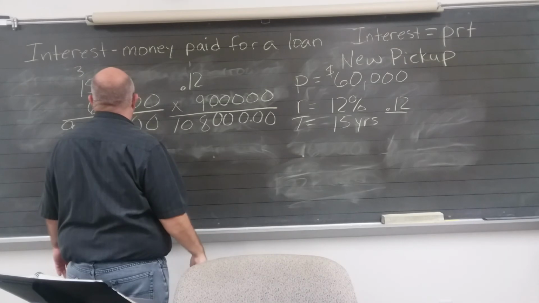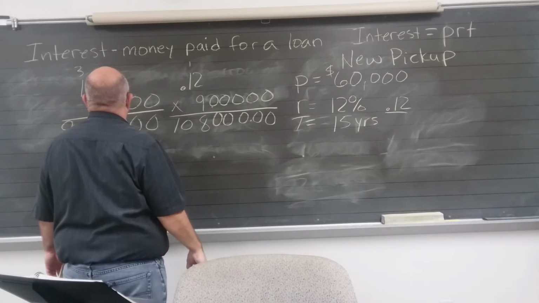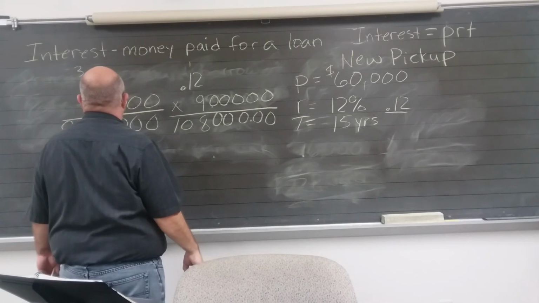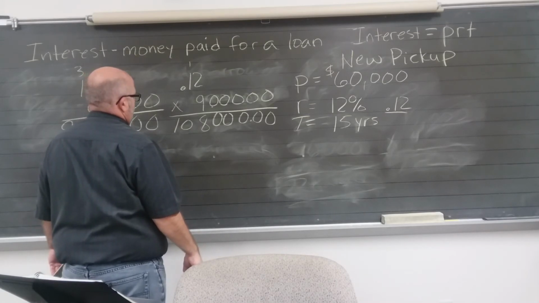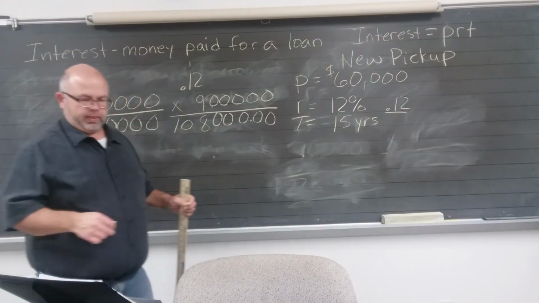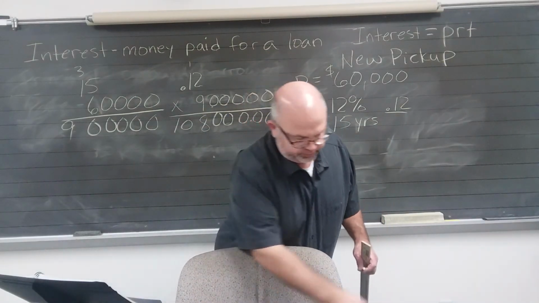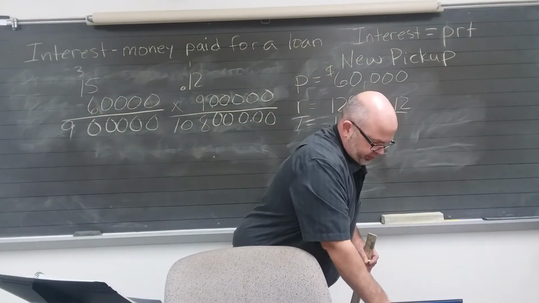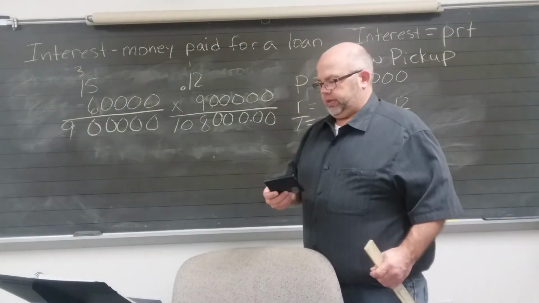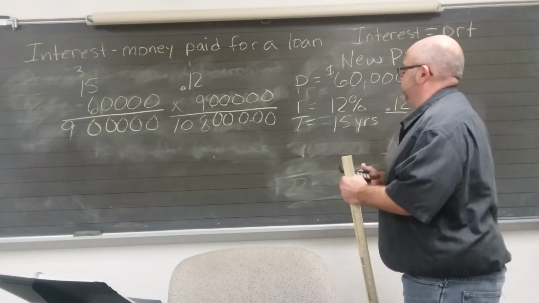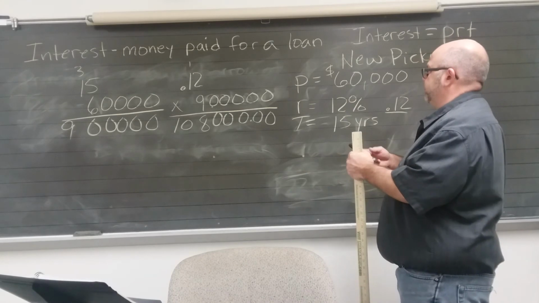Oh, that can't be. What? That can be actually. Let me make sure. Look at what's happening. Let me check these numbers. This always messes me up because of how much it actually is.